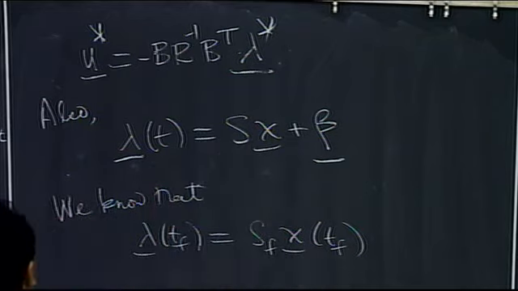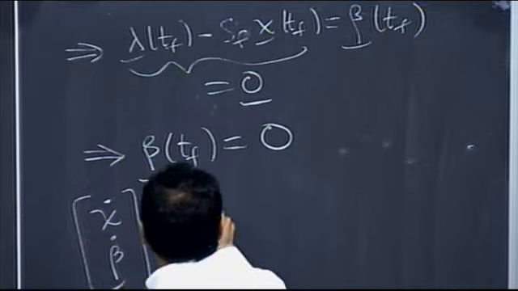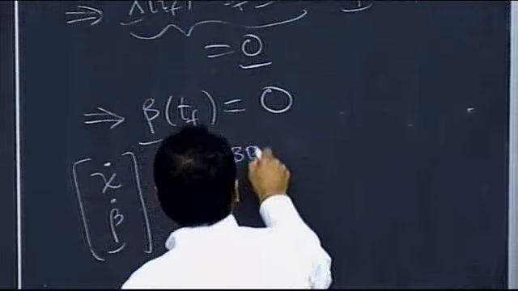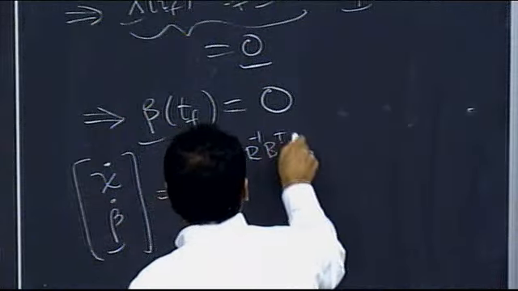Now, if you recall, we had this block in here where when we decoupled the system, when we rewrote the system in terms of x and beta, we had x dot and beta dot in the new system equal to A minus B R inverse B transpose S in here.